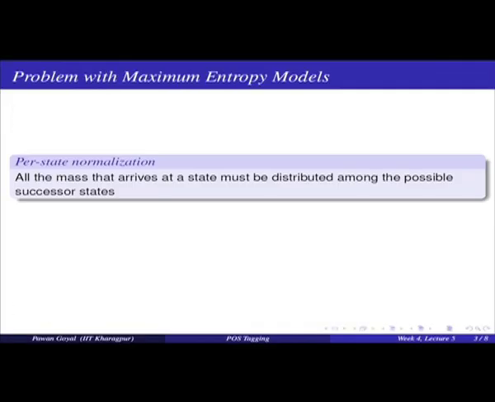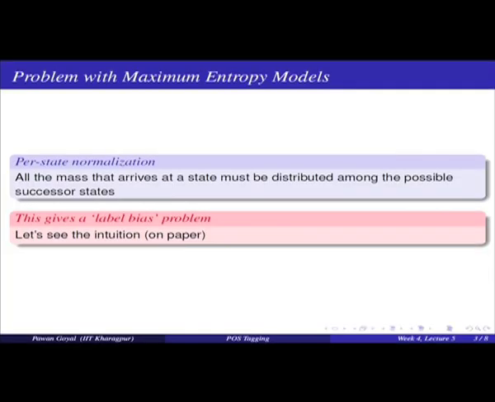Now, I will just talk briefly about what is the single problem with this maximum entropy model, so that we have to think about conditional random fields. So, in maximum entropy model, we do a per state normalization, that is, all the mass that arrives at a state must be distributed among the possible successor states, and this is giving rise to a label bias problem.